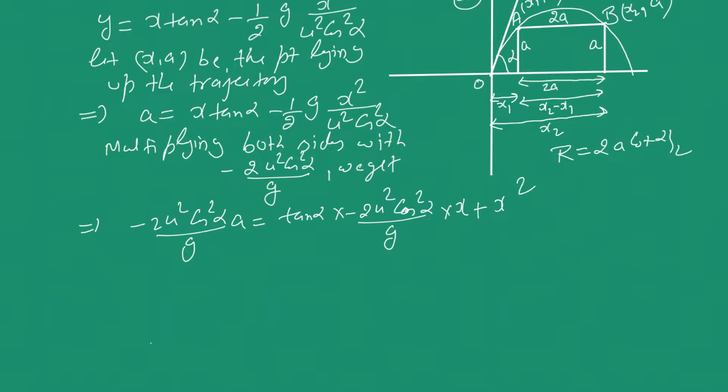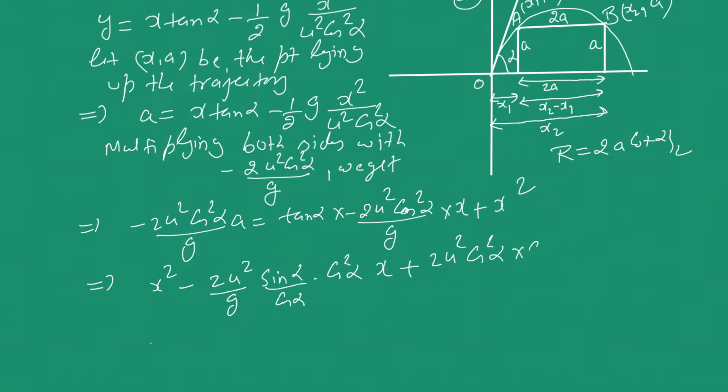So this implies x square minus 2 u square by g, tan alpha is sin alpha by cos alpha, so times cos square alpha, into x, plus 2 u square cos square alpha into a by g is equal to 0.